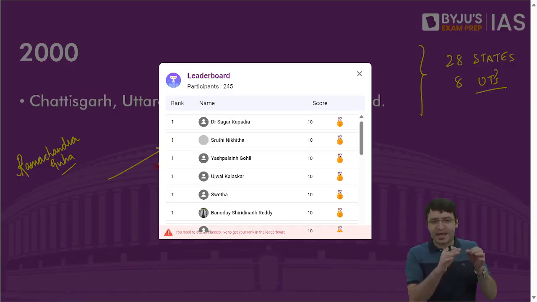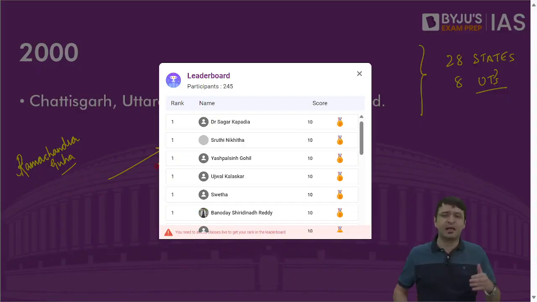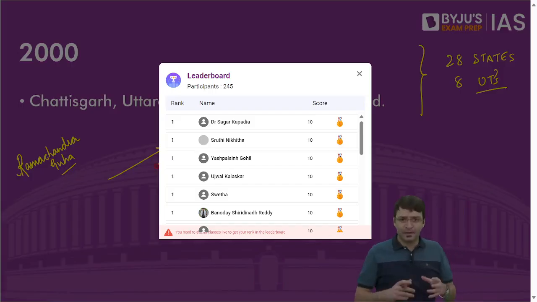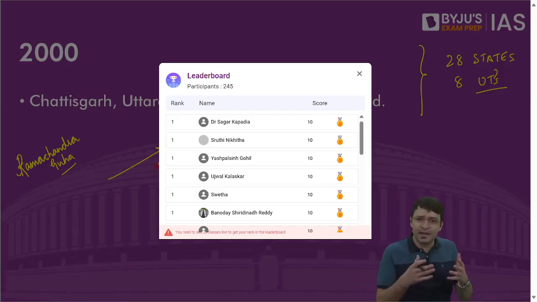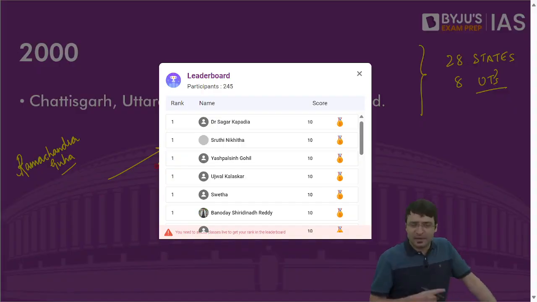Why? Because he cites examples in our neighborhood. For example, Pakistan. Pakistan was created in the name of religion, but even this religion could not act as a glue to keep the country united.